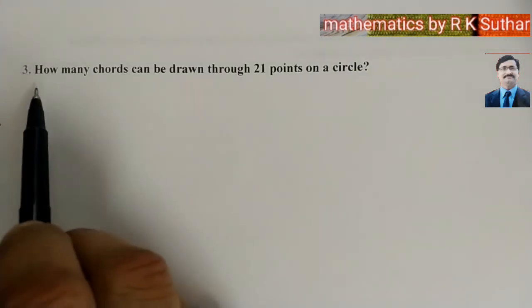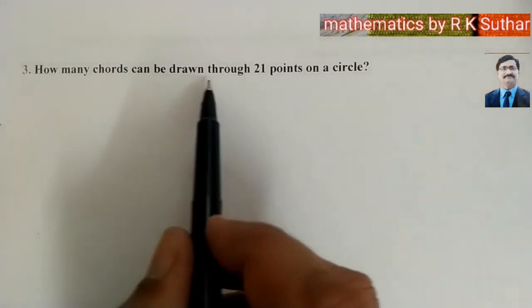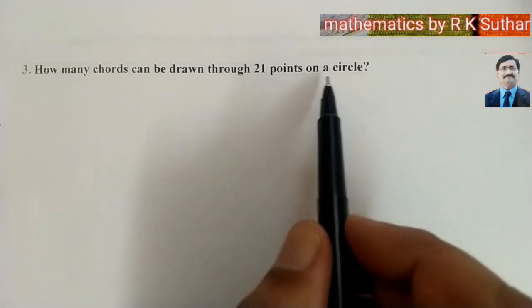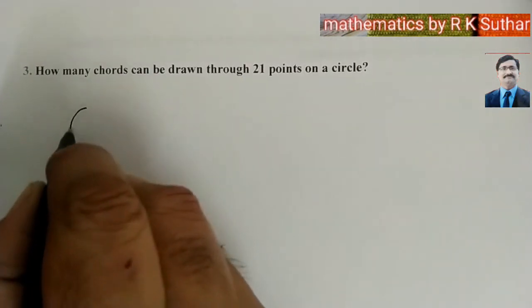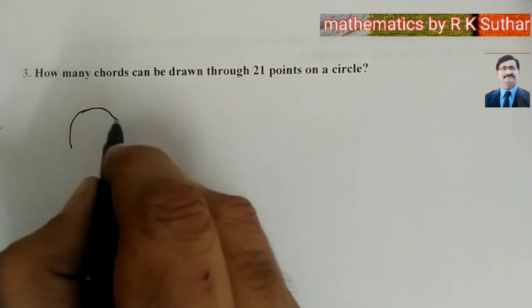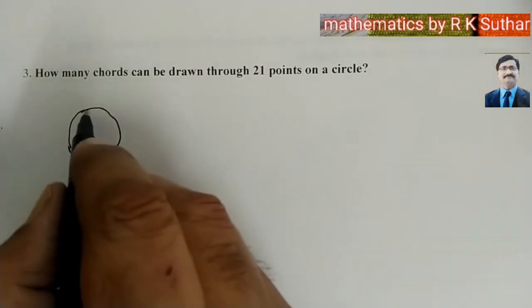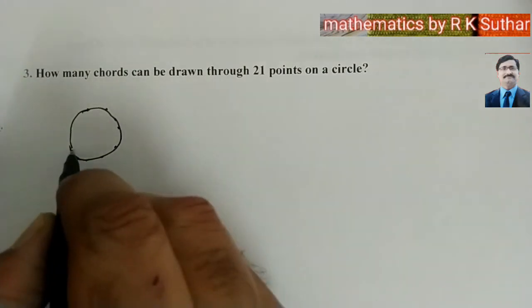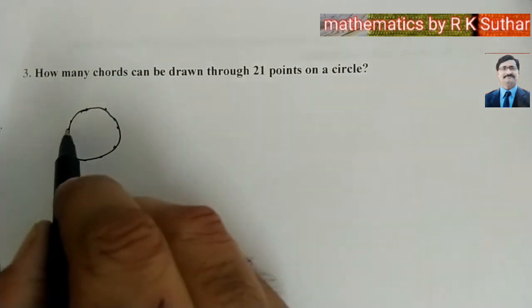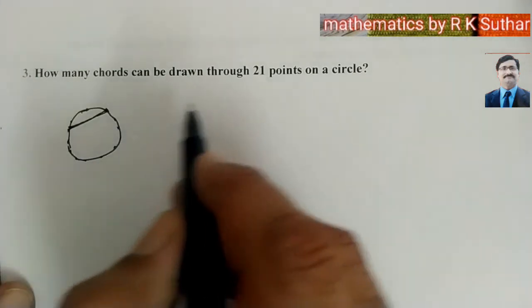Look here, one question is: how many chords can be drawn through 21 points on a circle? If we have a circle and on the circle we have a total of 21 points, and for a chord we want only 2 points.